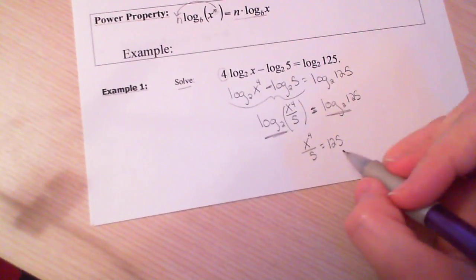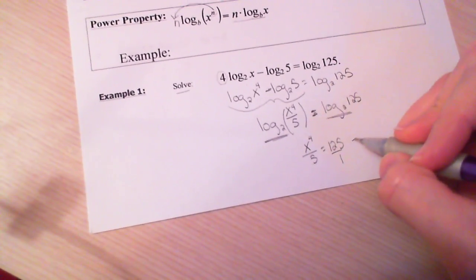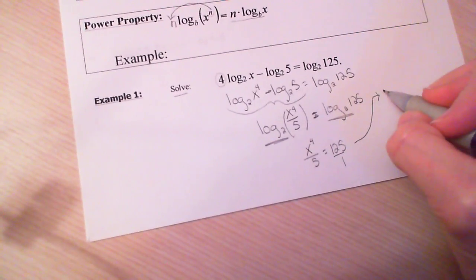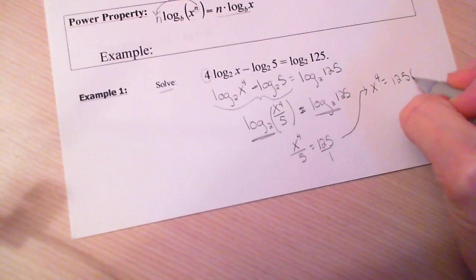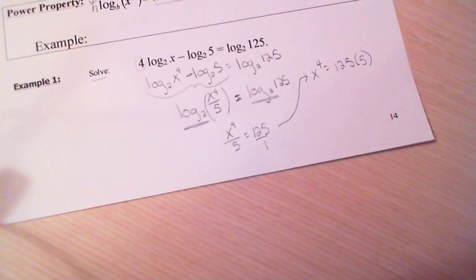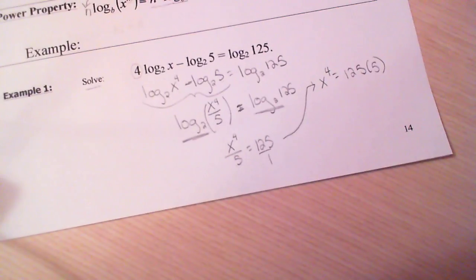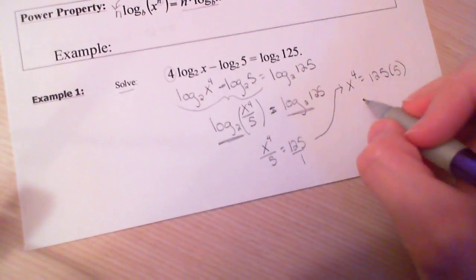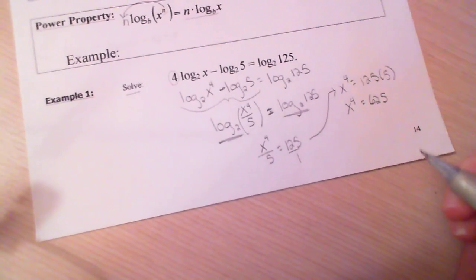And now I'm going to write this as a fraction, and I'm going to do my cross multiplying. So this is going to become x to the 4th equals 125 times 5. I'm going to grab my calculator here. 125 times 5 is 625. So x to the 4th equals 625.